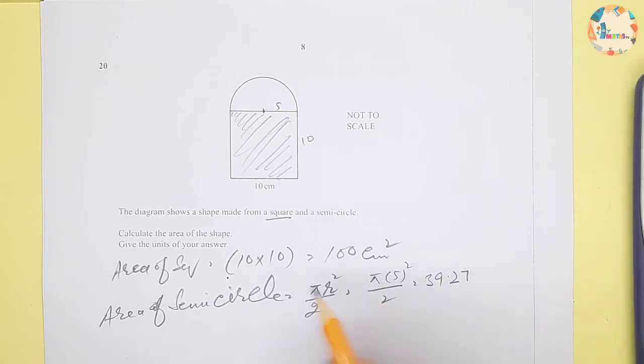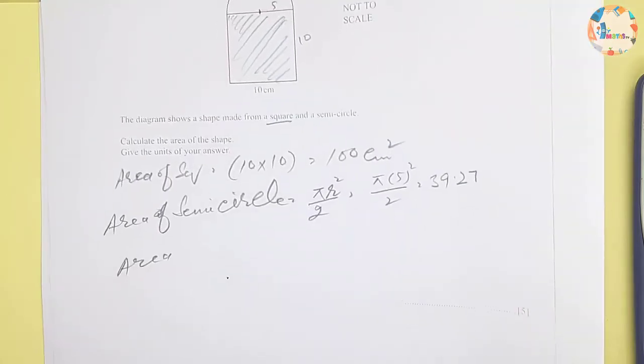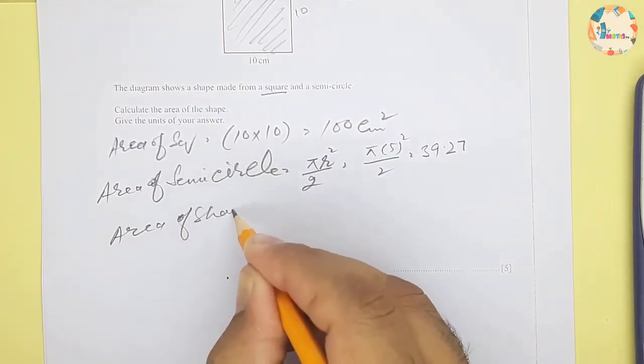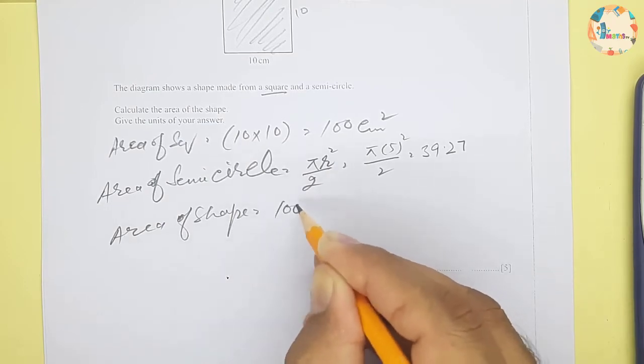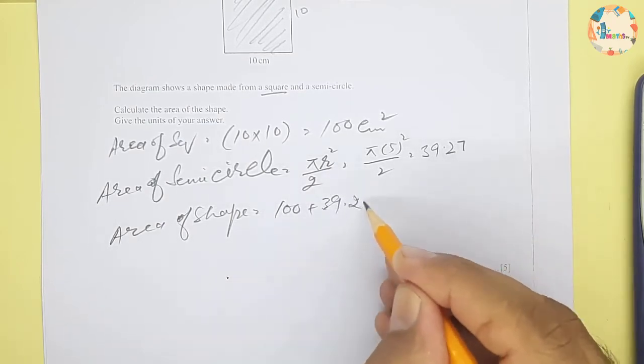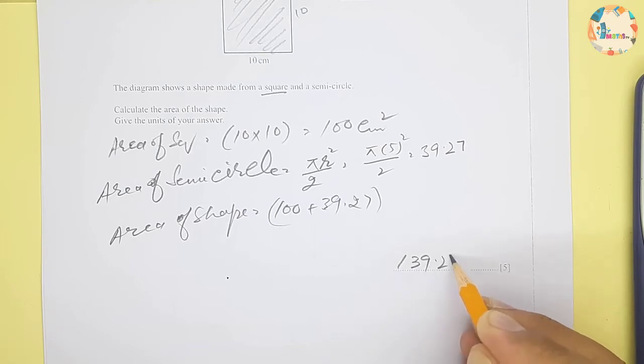So total area of the shape, I'll move page a little above over here. So area of shape will be equal to 100 plus 39.27, and this will be equal to 139.27.